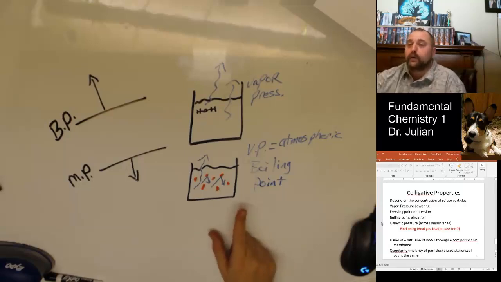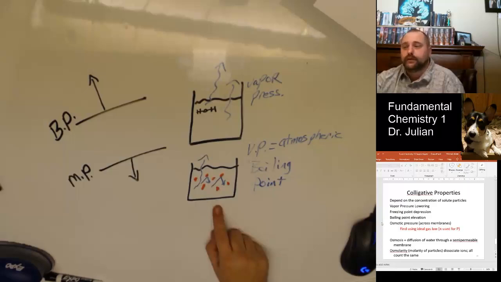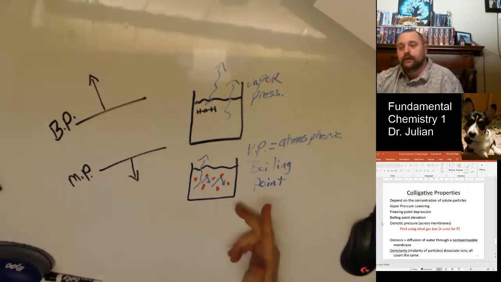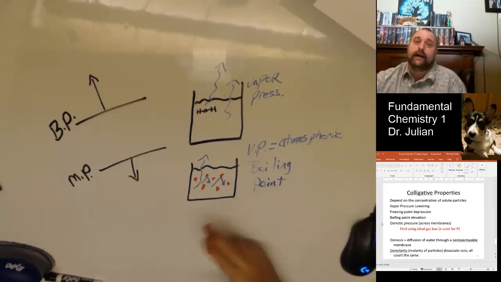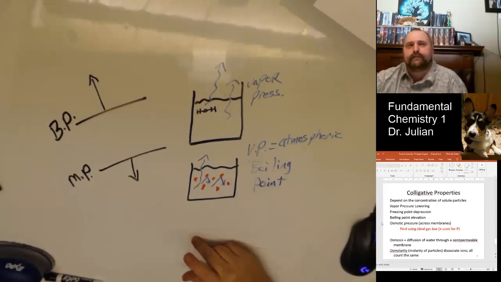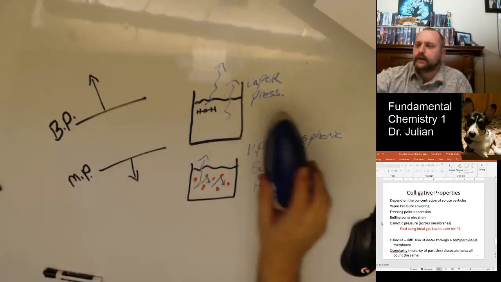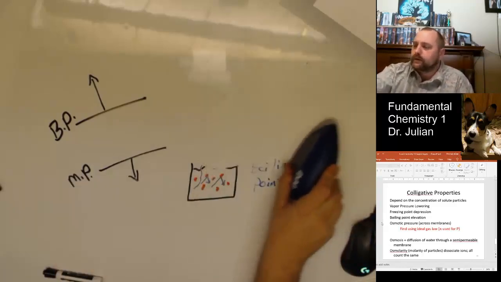So we could raise the boiling point by either increasing the pressure, or we can add some solute in it. You've probably added some salt to your water.